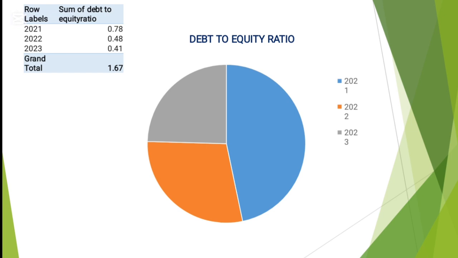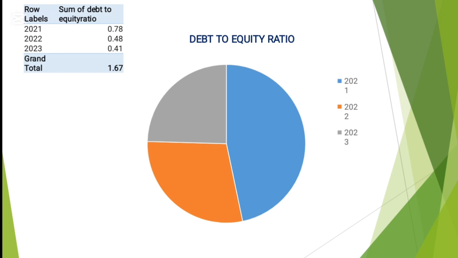We can see that the debt to equity ratio is decreasing by the year from 2021 to 2023, which is a very good sign. So the investor is more than willing to invest into this company, because we are not seeing anything that would distract them from continuing to do business.